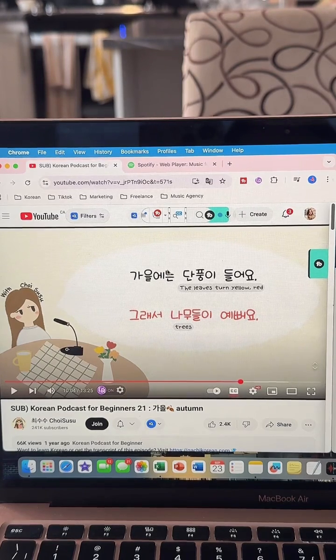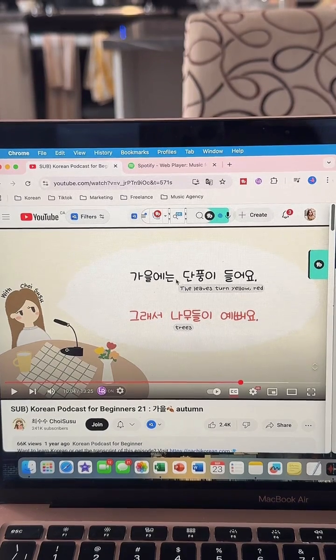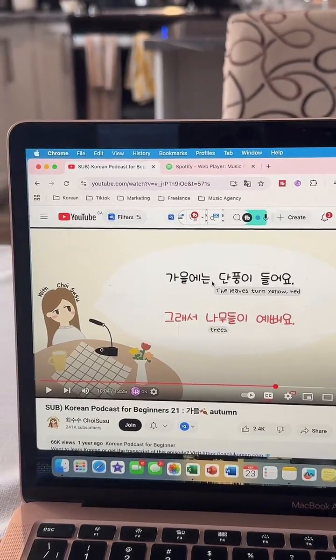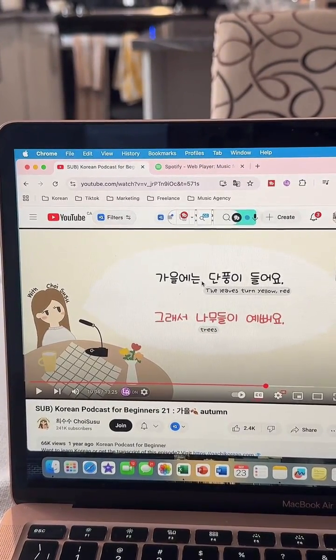So in the fall time, the leaves turn into yellow and red, or the leaves turn into autumn leaves. Autumn leaves, specifically the changed leaves, is how I understand it. Yeah, exactly. So they turn into autumn leaves, which basically just means that they change color. Because in autumn, not every tree, but a lot of trees change their leaves' color.